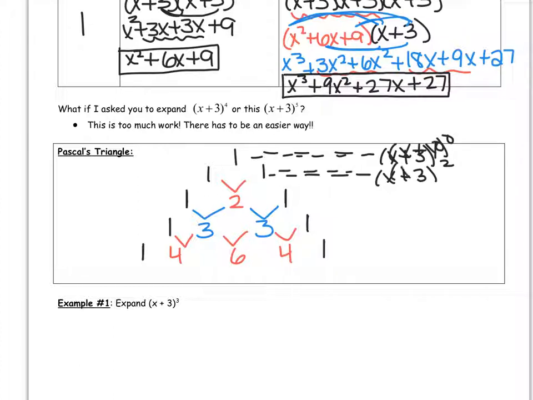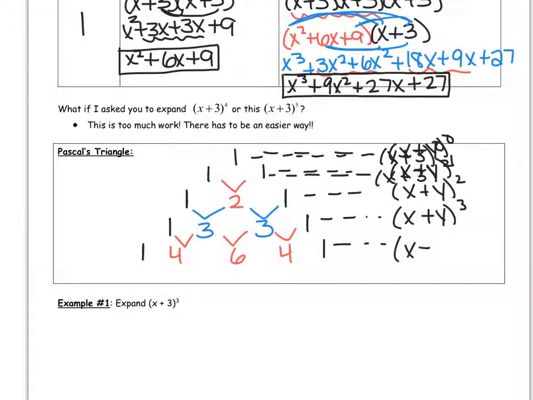The second one would go for x plus y to the first power, x plus y to the second, x plus y to the third, and this one would be x plus y to the fourth, and so on and so on.